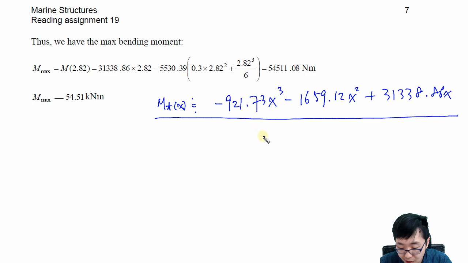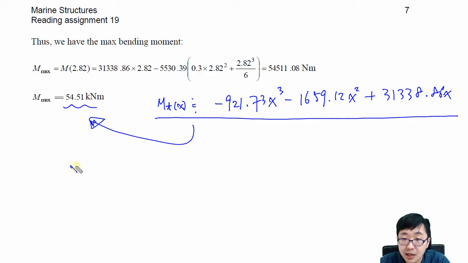So using this, you should be able to get a similar number like this, as well as x, the position, that was nearly 2.82 meters, right?